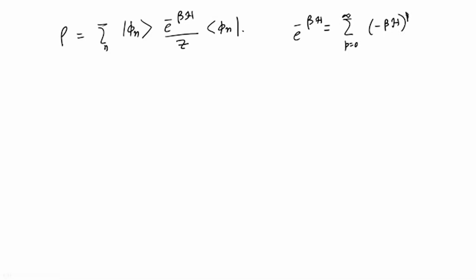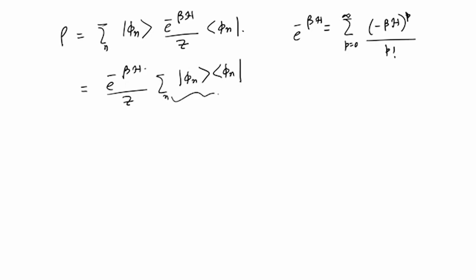And this is nothing but equal to exponential minus beta H divided by Z, times the sum over n of phi n phi n, and this outer product for a proper orthonormal basis is equal to 1.